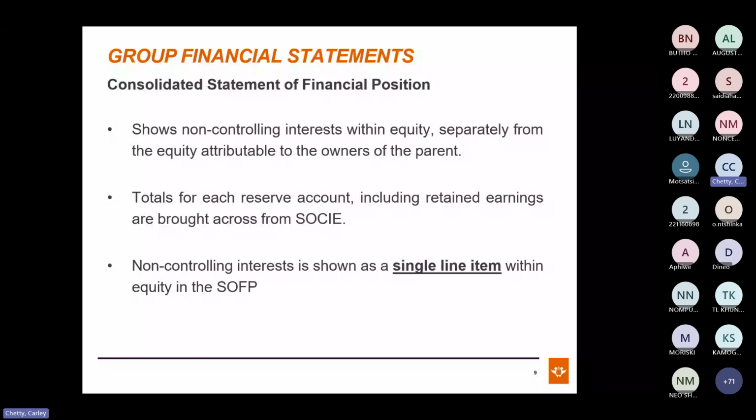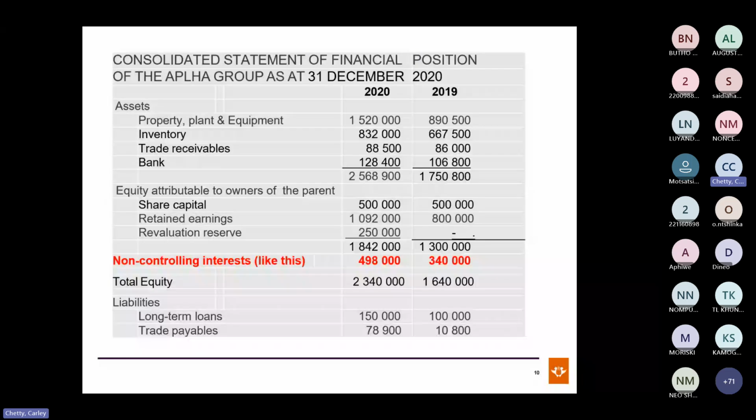So this is an example of a consolidated statement of financial position for the Alpha Group. You can see we have our assets: property, plant and equipment, inventory, trade receivables, bank. All of these would be taken from the parent plus the subsidiaries. Then we have equity attributable to owners of the parent, so we have share capital and retained earnings here.